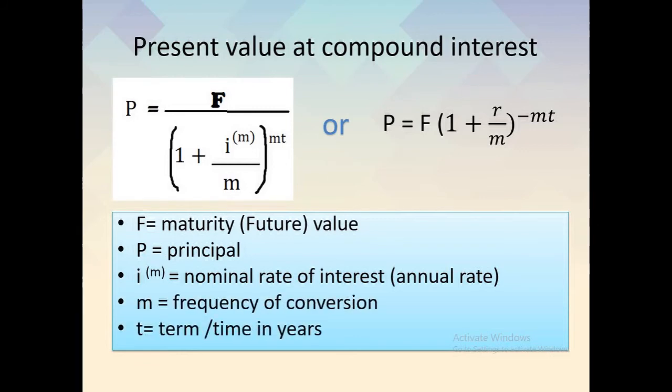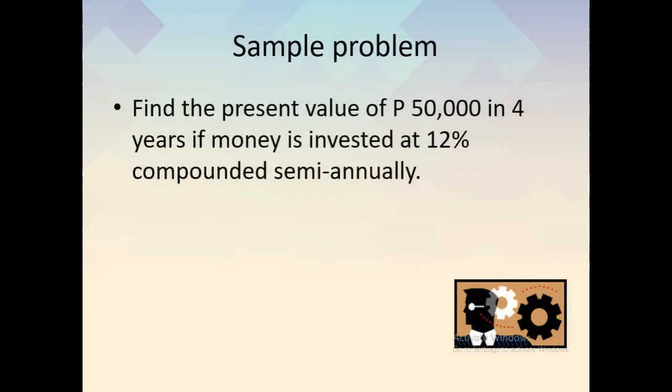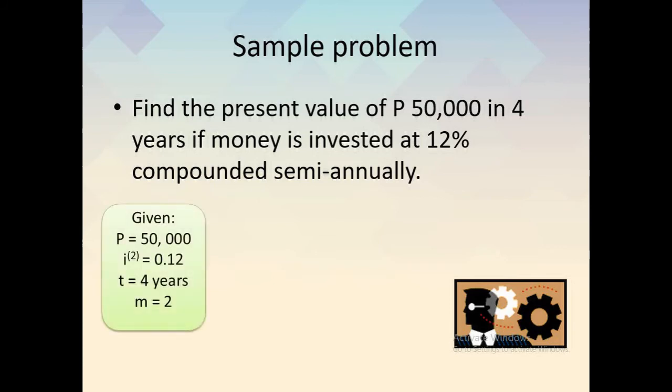Let's have a sample problem. Find the present value of 50,000 pesos in 4 years if money is invested at 12% compounded semi-annually. Given F, or the future value, is 50,000 pesos, i^(2) is 0.12, t is 4 years, and m, which is the frequency of conversion, is 2.